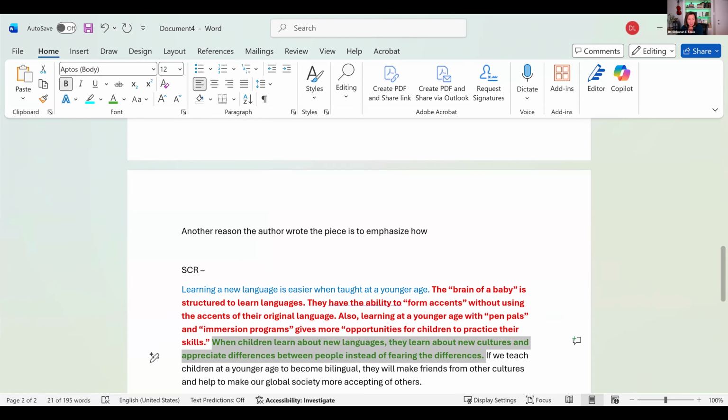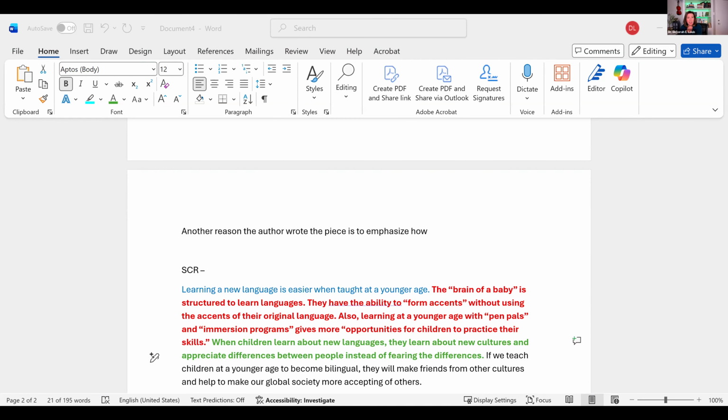And where did I get that? We've got new cultures, differences, and fearing differences. Where did I get that? Right here. When you use it, you lose it. This is called pick and stitch, right? We've got new cultures, appreciate others' differences instead of fearing differences, right?